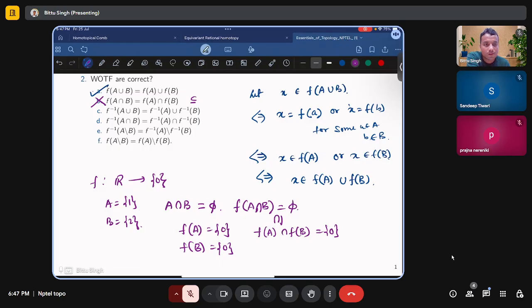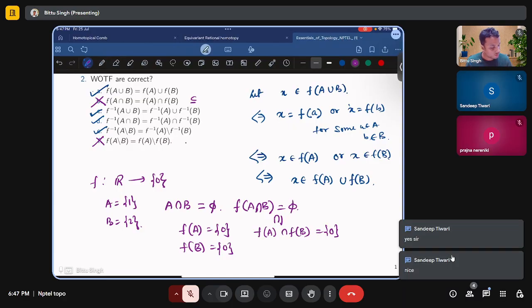And now the interesting thing is that though f does not behave well with intersection, the inverse behaves well. So f inverse also behaves well with union and intersection. So all those three things will be true. But again, this one is false. You can create a counterexample.